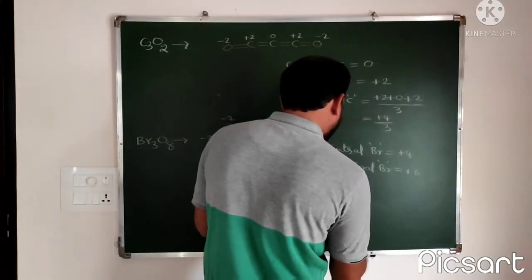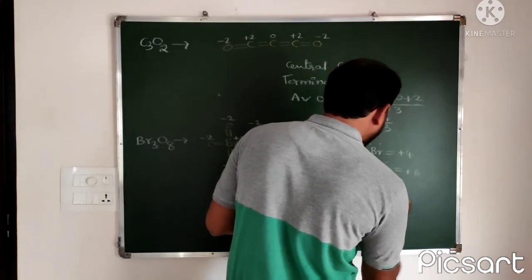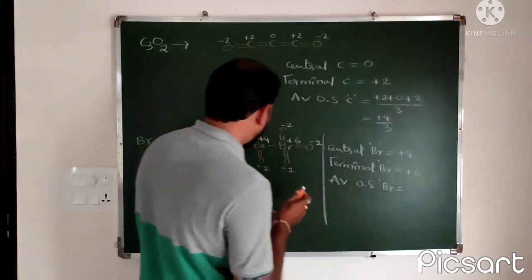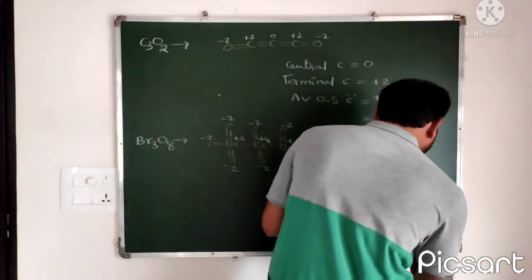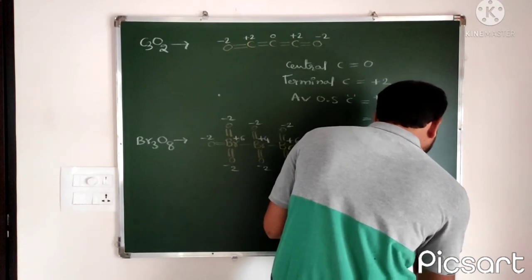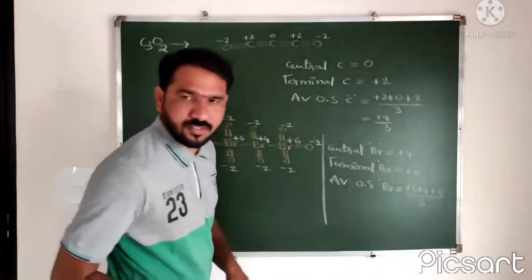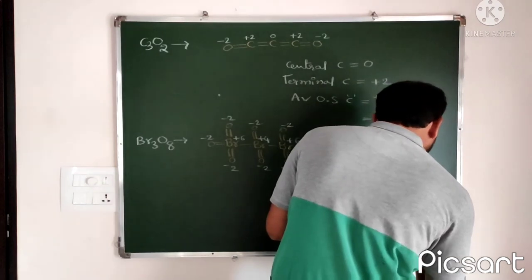Then the average oxidation state of bromine in Br3O8 is equal to the total charge, plus 6 plus 4 plus 6, divided by the number of bromine atoms, 3. That is equal to plus 16 by 3.